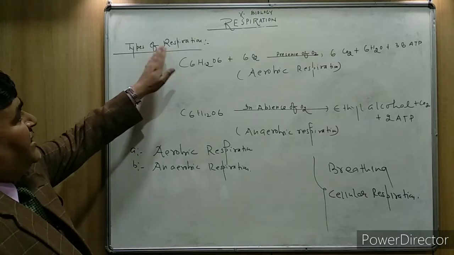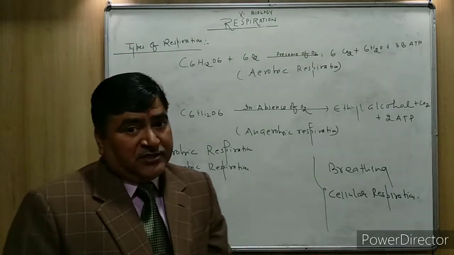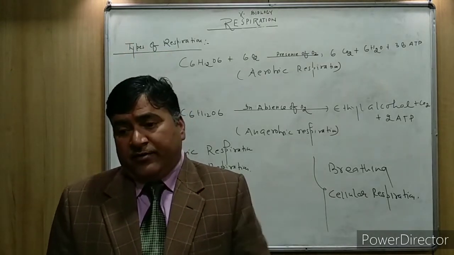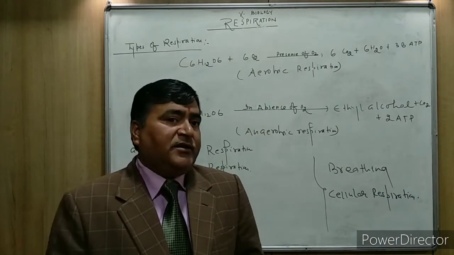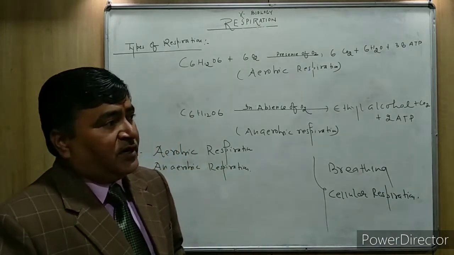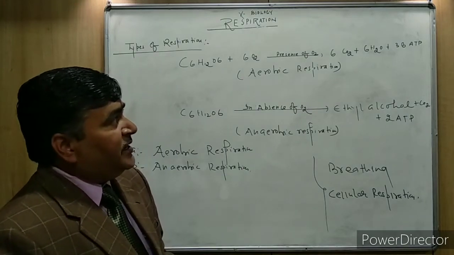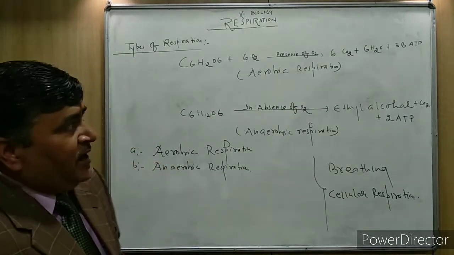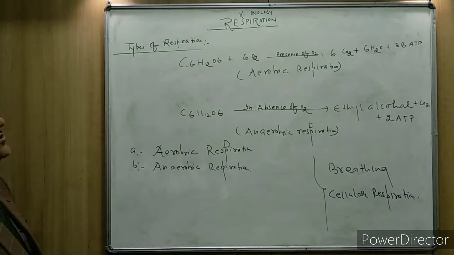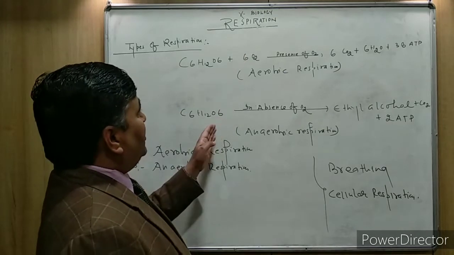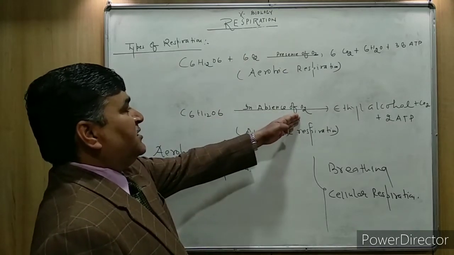So, respiration is the process of the breaking down, or you can say the oxidation of glucose to produce energy. And the breaking down of glucose takes place whether in the presence of oxygen or in the absence of oxygen.